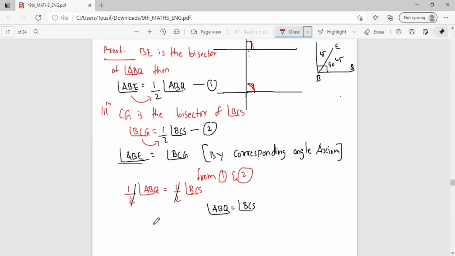Therefore, by the converse of the corresponding angle axiom, we can say that PQ is parallel to RS. Yes. That is what the question was asking us to prove. The lines are parallel, and hence it has been proved.